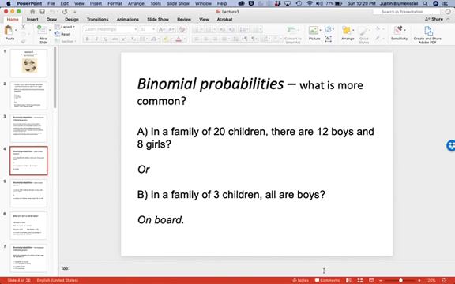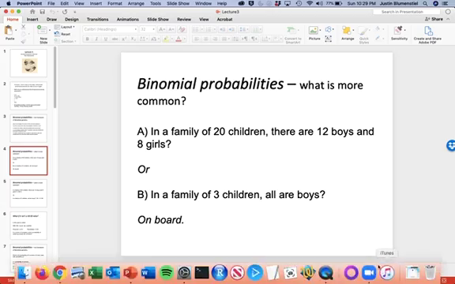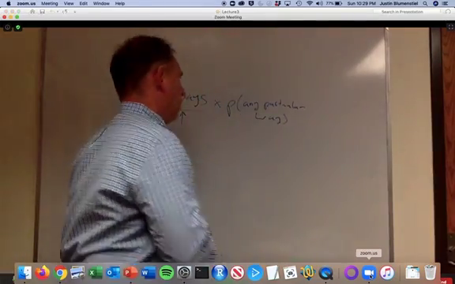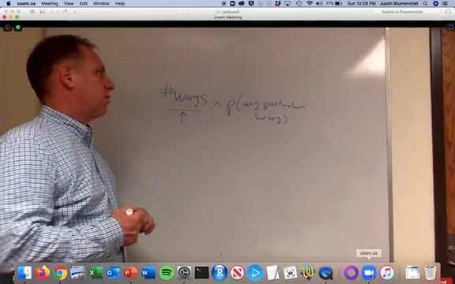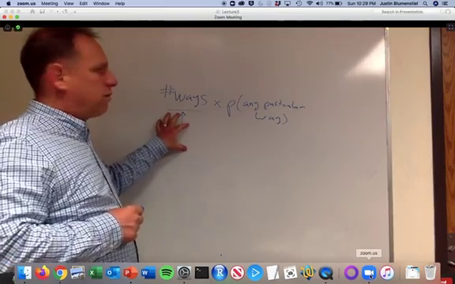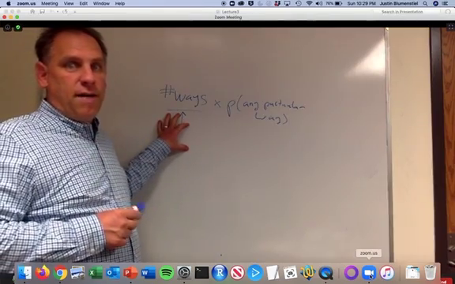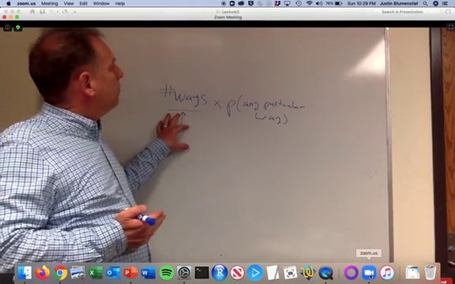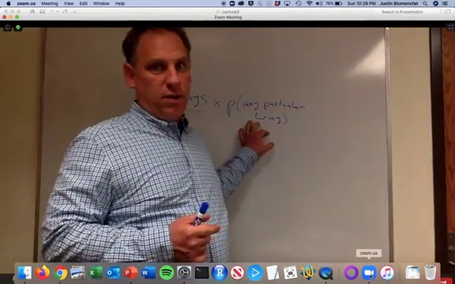So we have 20 and 12 for the first one, all right? I'm going to switch over to the board. What we had for doing these types of problems is we calculated probabilities with this framework, where we counted the number of ways any particular arrangement was possible, and then we counted the probability of any particular arrangement.